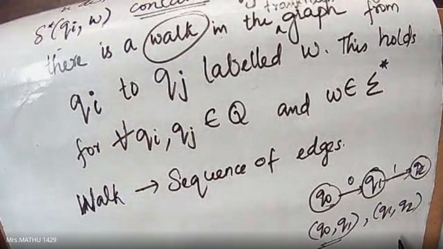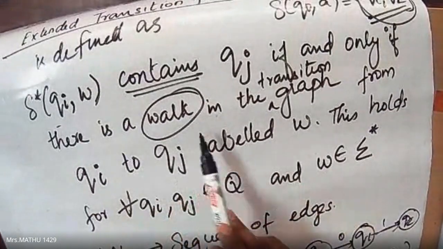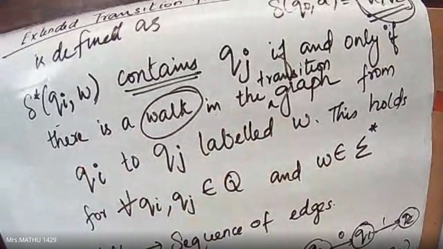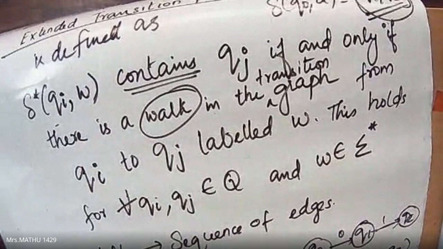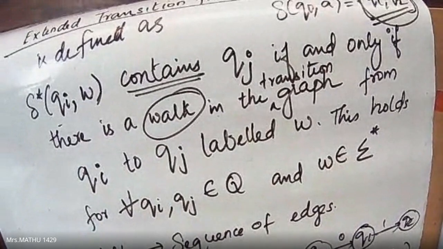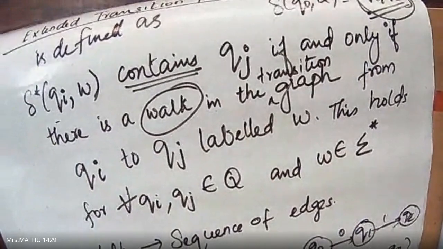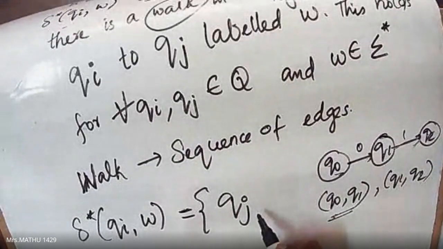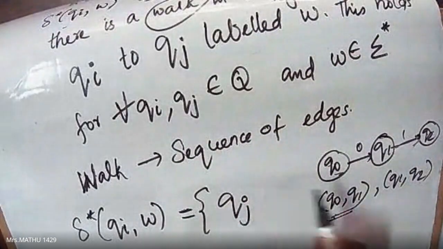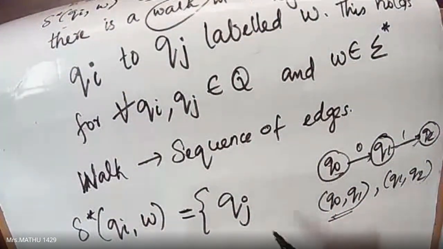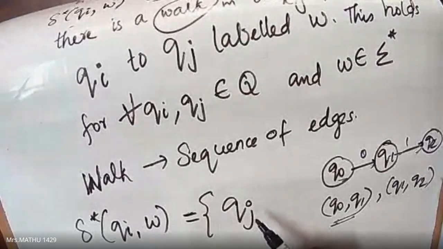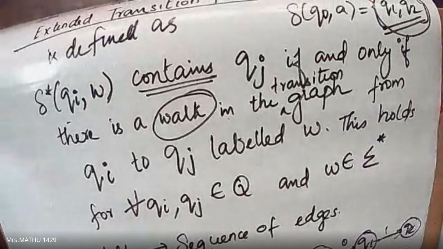Now what is asked here? What will be the output of delta star of Qi comma W contains Qj? It is not only one state actually; Qj may be more than one. Q0, Q1, Q2, anything may be there. So it contains Qj if there is a walk in the transition graph from Qi.